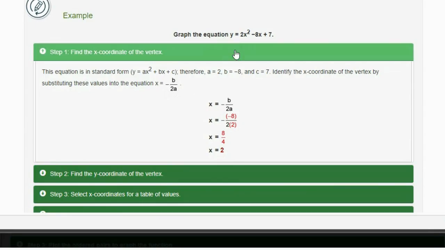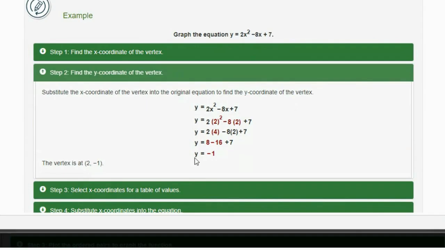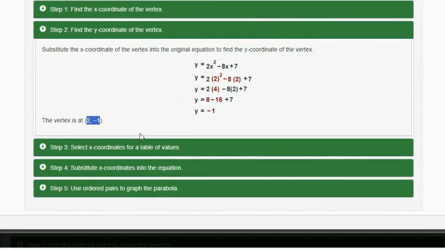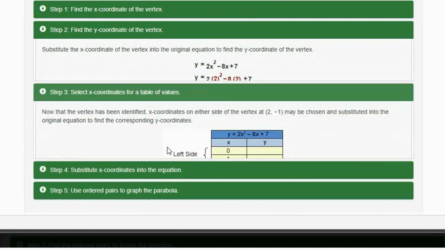We can substitute that 2 back into the equation to figure out what the y is. We find the y is -1, so now we know the vertex is at 2, -1. So that tells us where the center of our parabola is. Then to make a table of values, we want 2 to be in the middle, because that is where the vertex of our parabola is.